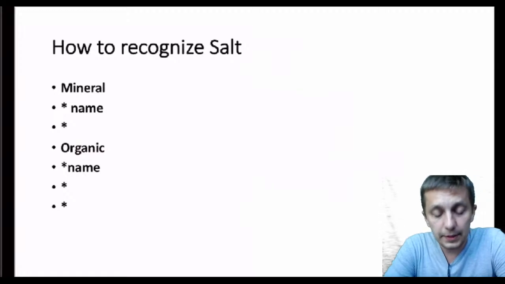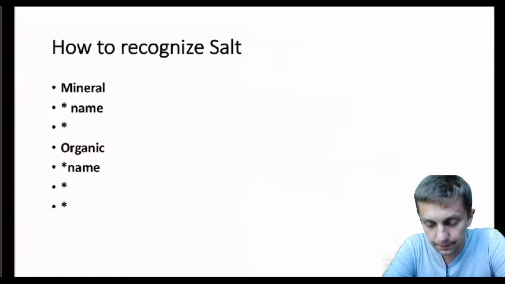And with salt, it also can be soluble, insoluble, strong electrolyte, weak electrolyte.